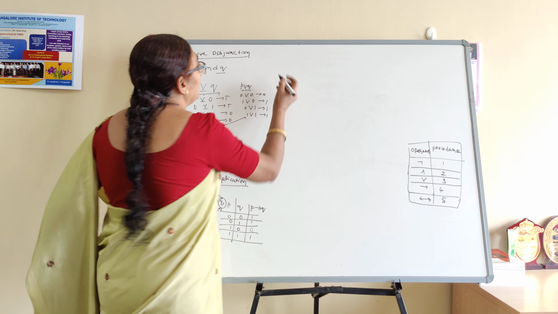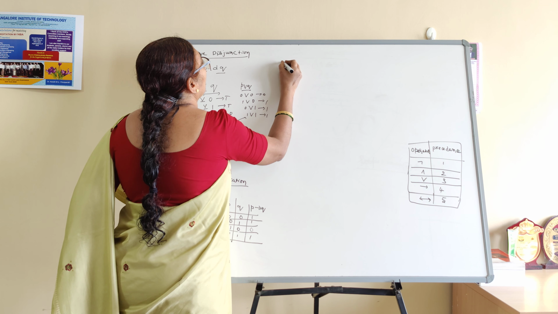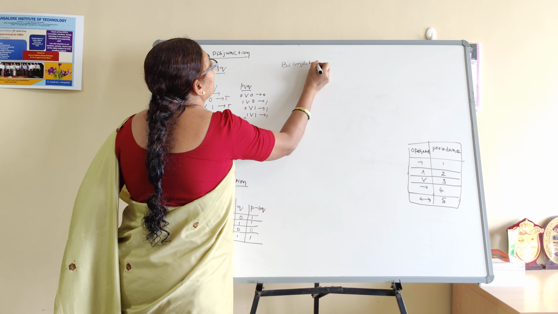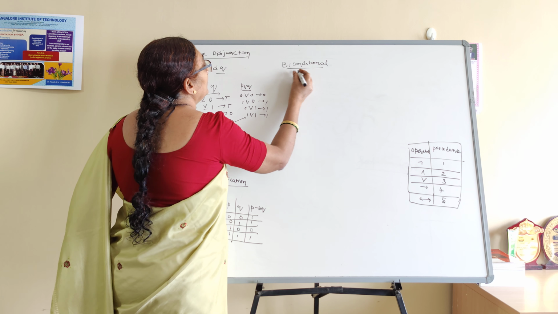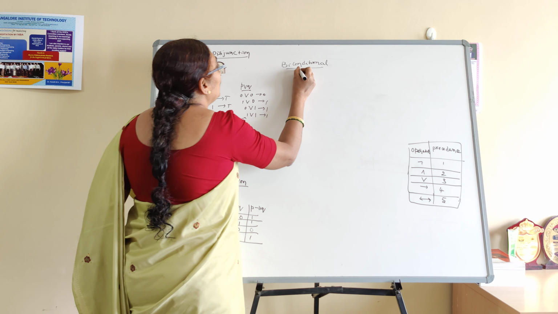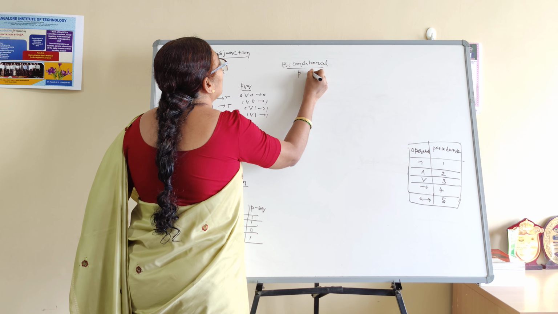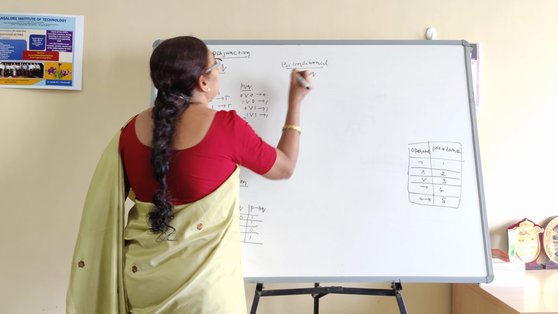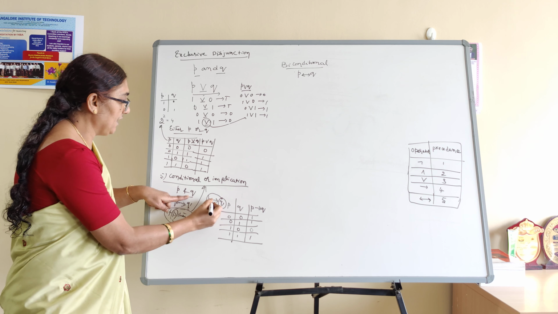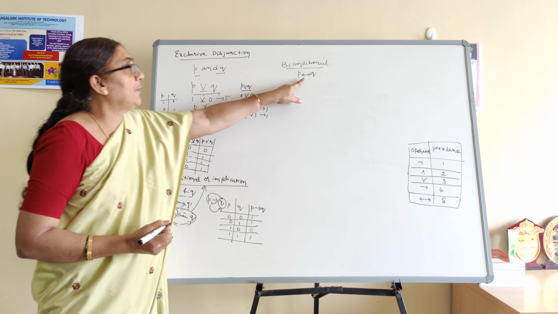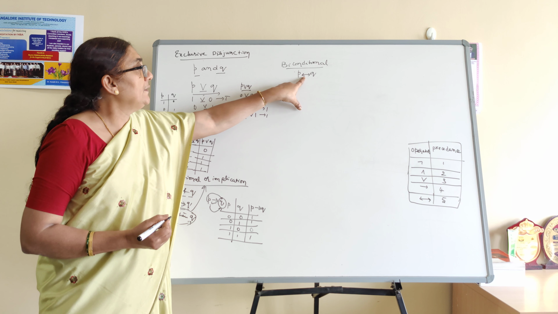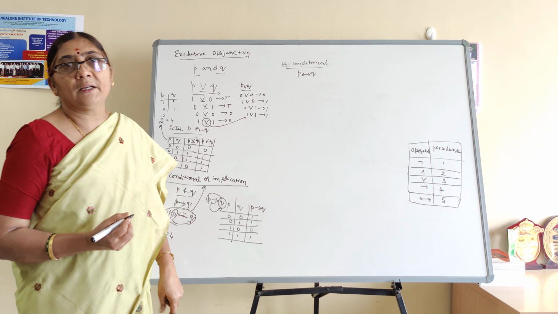Next is biconditional. If you want to define a biconditional, I also require two propositions, say P and Q. The difference between conditional and biconditional is that we put arrow marks on both sides. Then we say the connectivity between P and Q is biconditional.